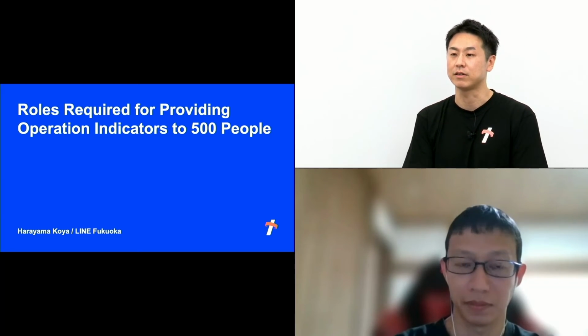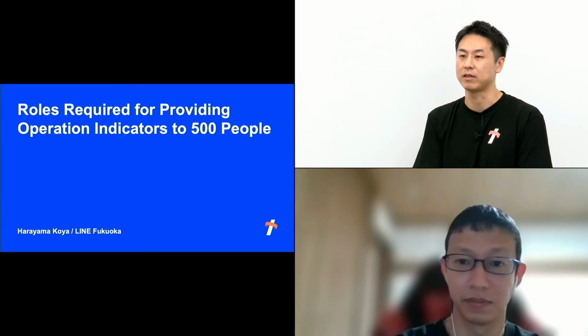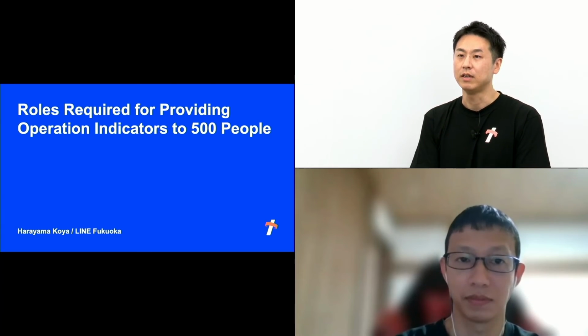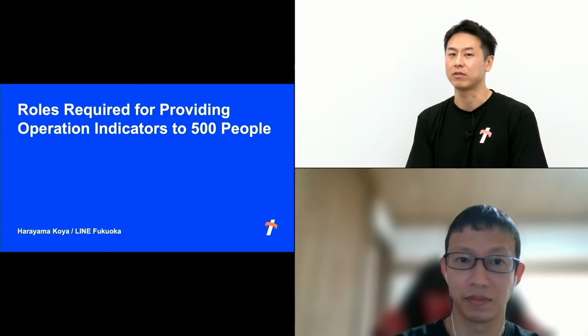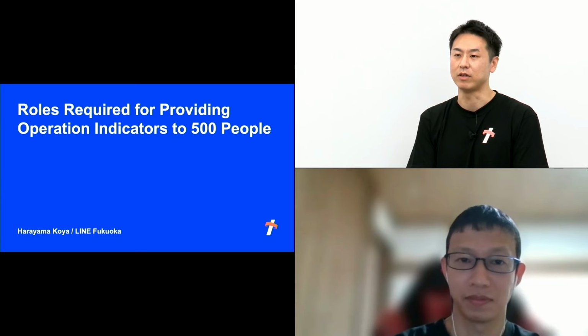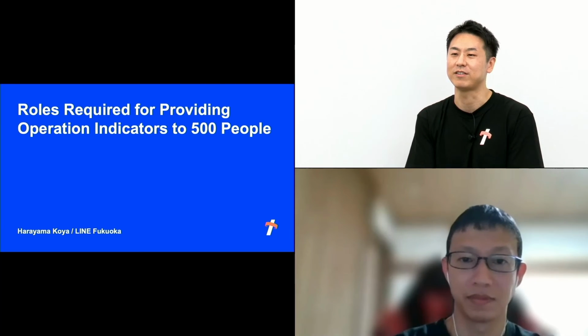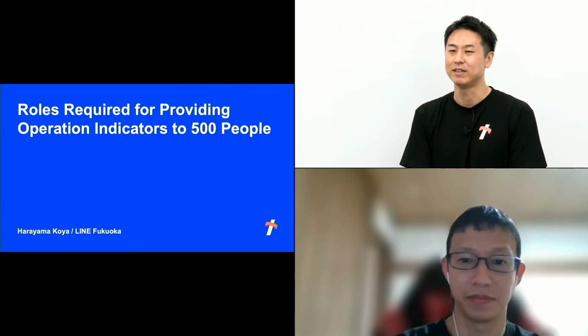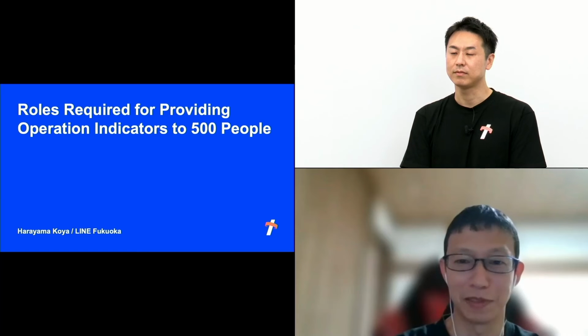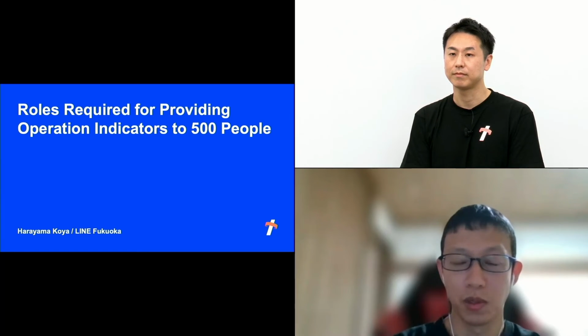Fukuoka doesn't have one, but Line Corp has a data governance team already, and they are also an offensive department with the mindset of utilizing data proactively. So we try not to be too defensive, and we have to have a proactive attitude of utilizing data.